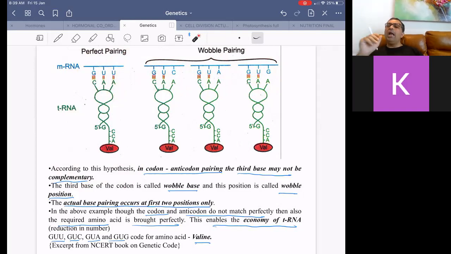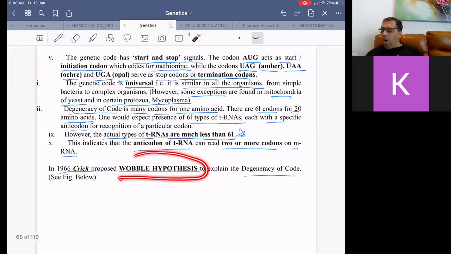So this is allowed by nature and this will help in reducing the total number of tRNAs. आपको 61 कोडॉन के लिए 61 एंटीकोडॉन की जरूरत नहीं है, तो साइटोप्लाज्म में number of tRNAs will become reduced. So we help in economizing the number of tRNAs by this beautiful phenomenon called the Wobble hypothesis proposed by Crick.